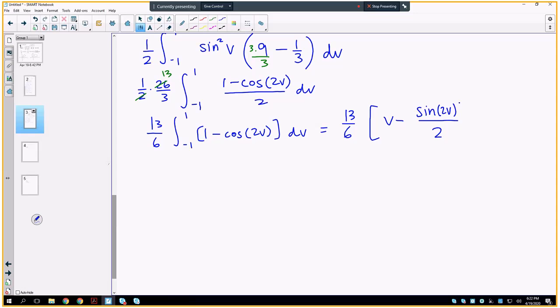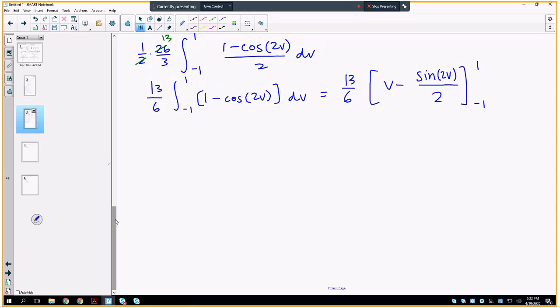And we'll evaluate between -1 and 1. So I have 13 over 6, and that's going to be times 1 minus sine of 2 over 2. And then minus, I'll evaluate at my lower bound, -1 minus sine of -2 over 2.